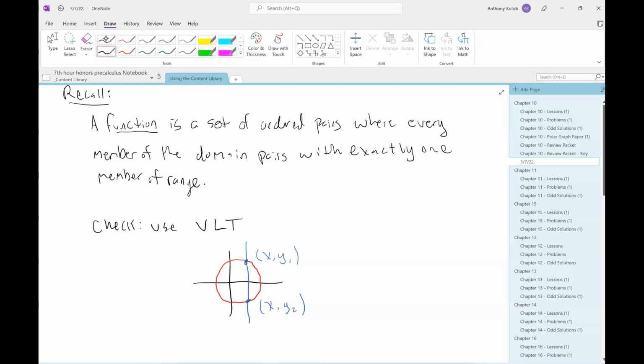Well, what could we do if we wanted stuff that failed a vertical line test to be a function and still meet that definition? What would we have to do if we wanted things to still meet our definition of a function, but not necessarily have to pass a vertical line test?